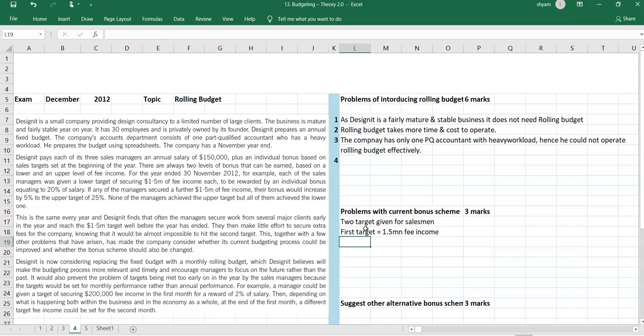This will lead to a bonus equal to 20% of salary. And there is also a second target.